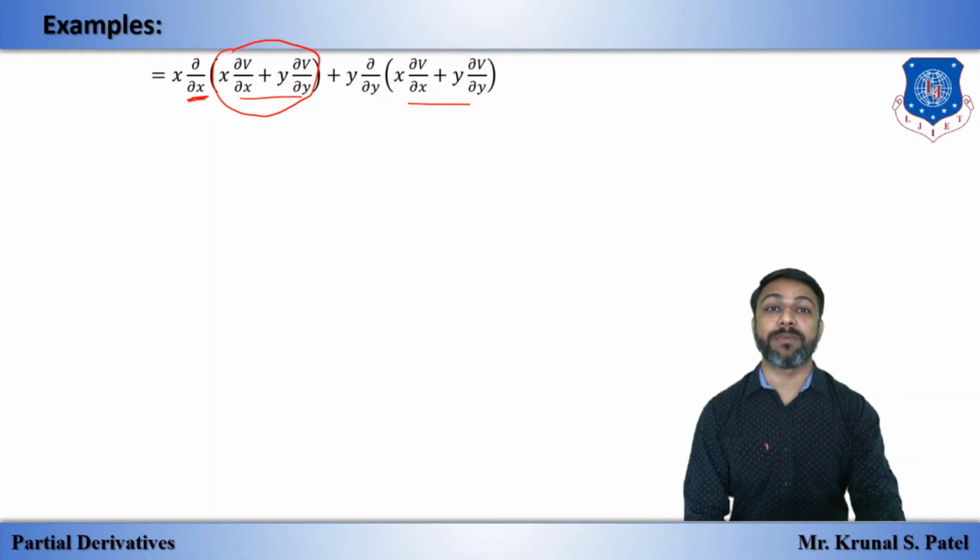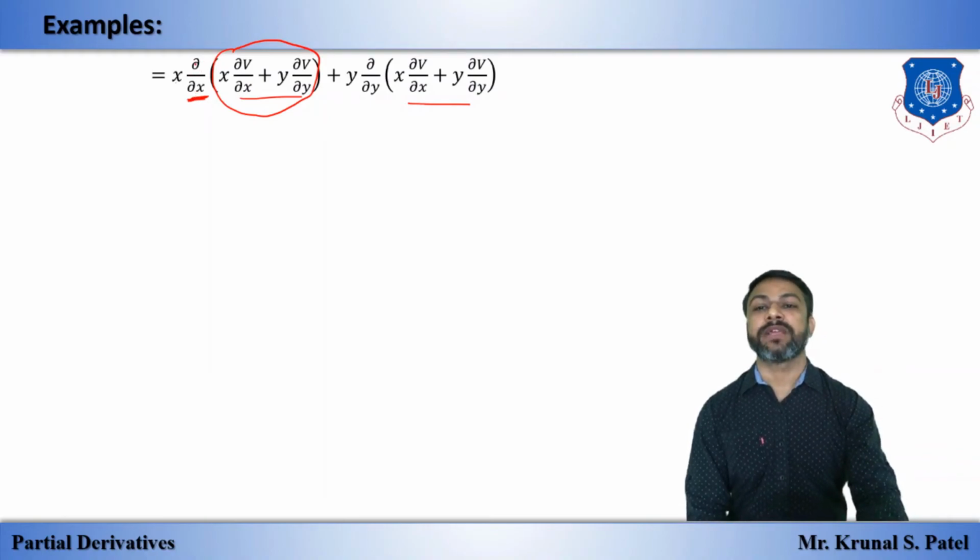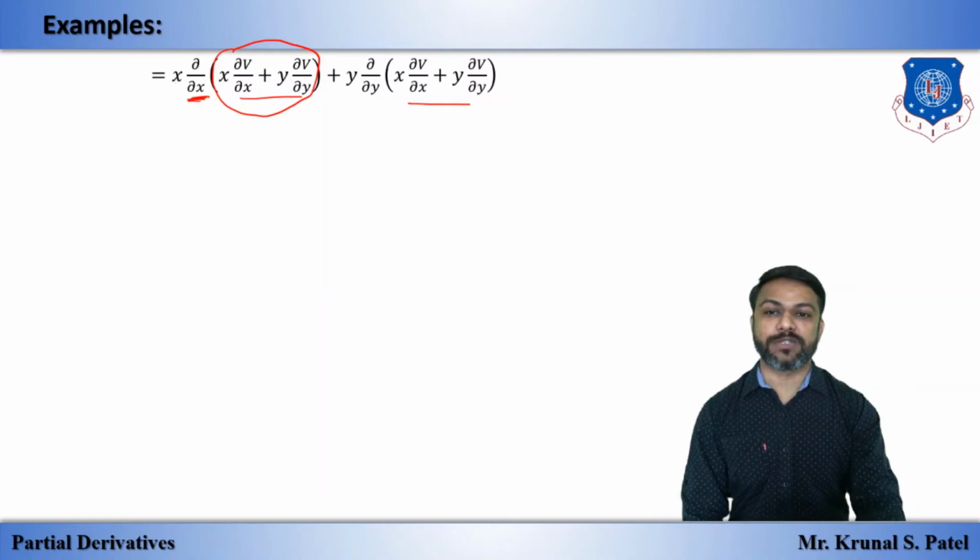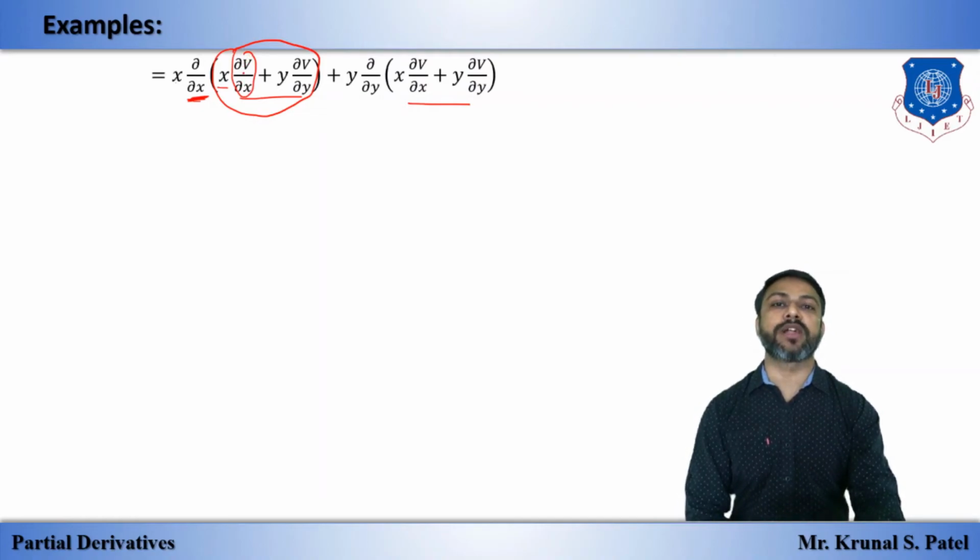So you have to pay more attention over here. Now we want to differentiate with respect to x, and V itself is a function of x and y, so we will use the product rule here.